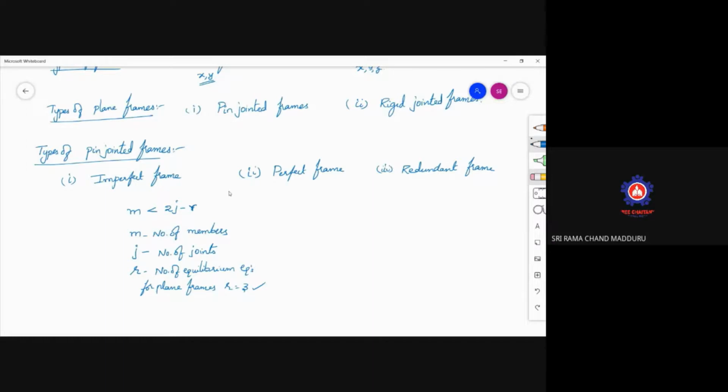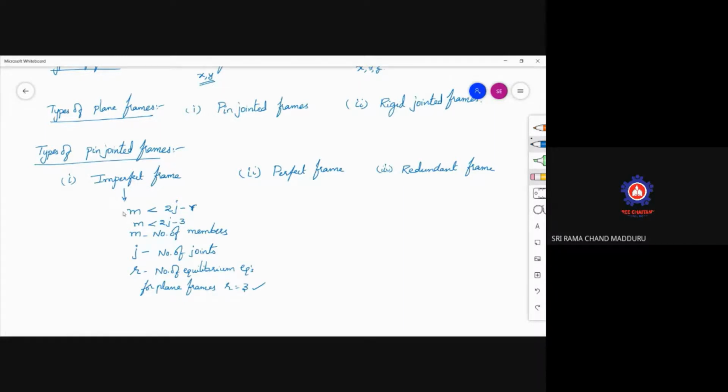So for the imperfect frame, if m is less than 2j minus 3, this is an imperfect frame.